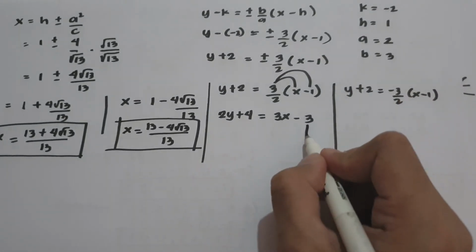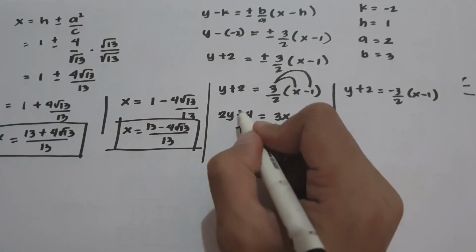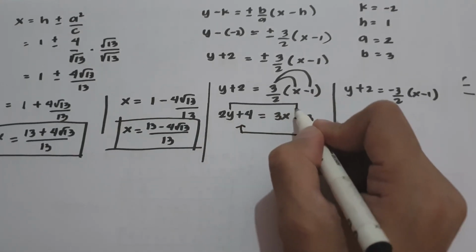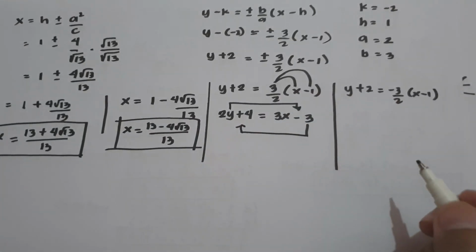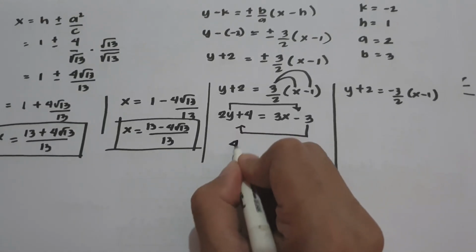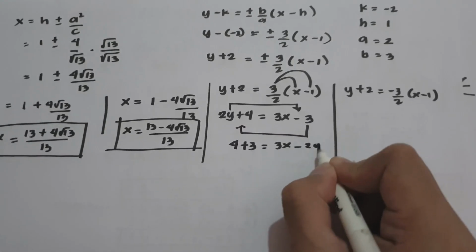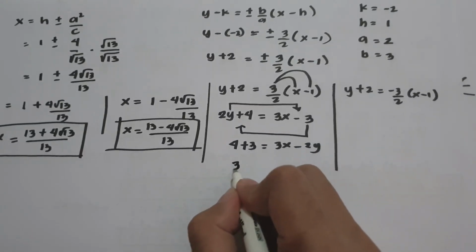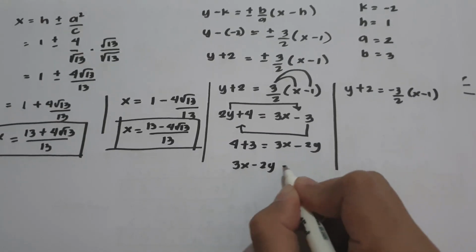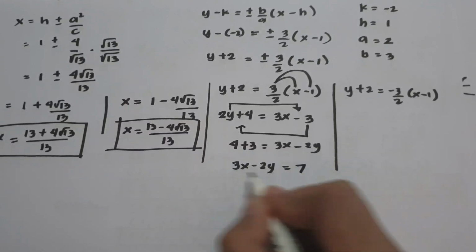So let us move negative 3 on the other side of the equation, and let us move 2y on the side of 3x minus 3. So let us have 4 plus 3 equals 3x minus 2y. So let us have 3x minus 2y equals 4 plus 3, that is 7.